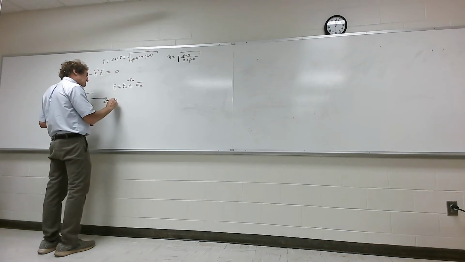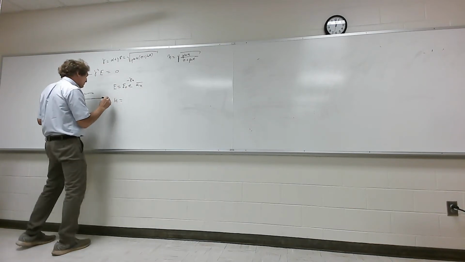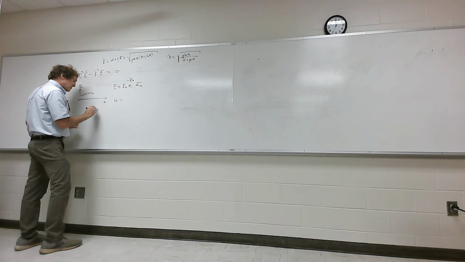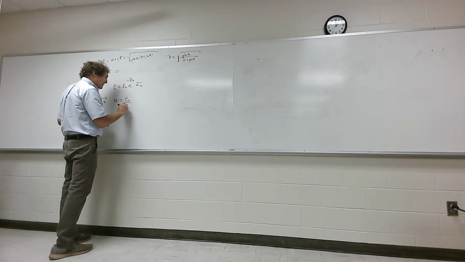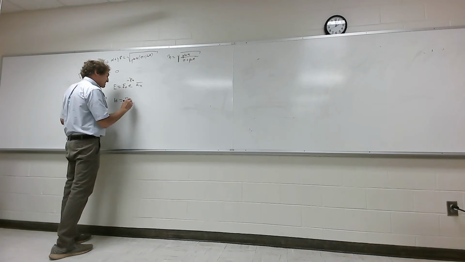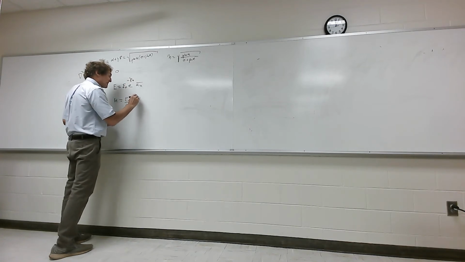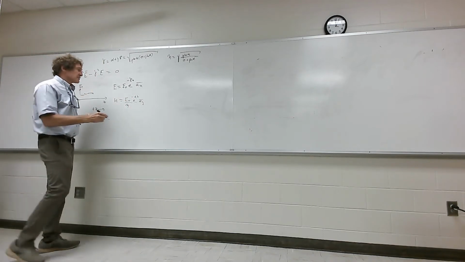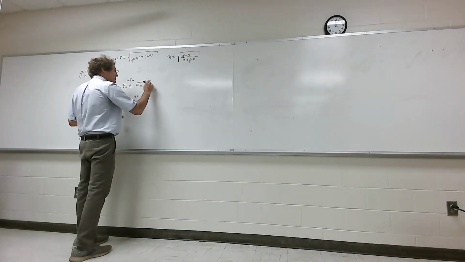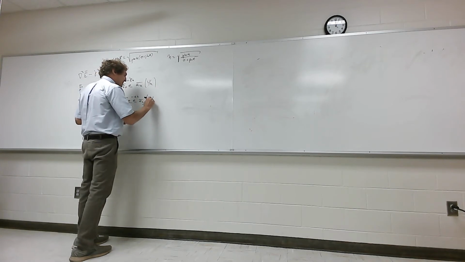And there would be an H field also, and this is for forward propagation, so it's plus z propagation. That would be equal to E naught over eta, times e to the minus gamma z in the ay direction. Do y'all remember this? The units of the E field are volts per meter, and this is amps per meter.